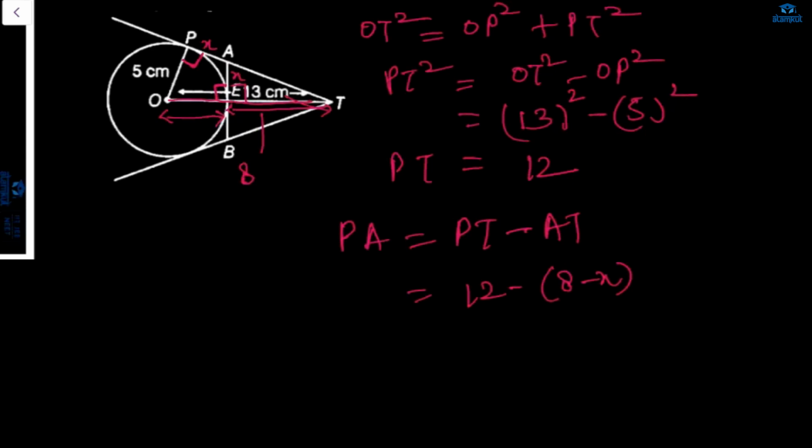No, it will not be 8 minus x, sorry. It will be root of 8 square plus x square. This will be the complete whole, if you are just finding out the value of 8.